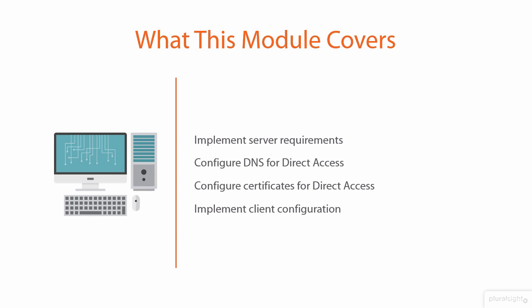Well, with DirectAccess, the client configuration is greatly simplified because DA itself and the wizard will create a series of group policy objects that will do all the configuration for you if you just know where they're at and where to apply them. So we'll talk about the client configuration and the steps you'll have to go through in order to get those clients properly configured and secured to connect into those internal resources.